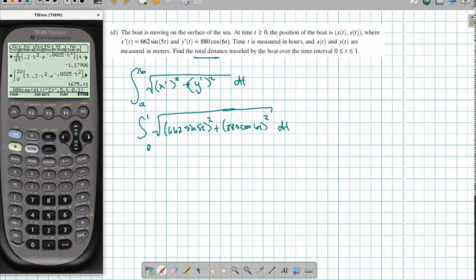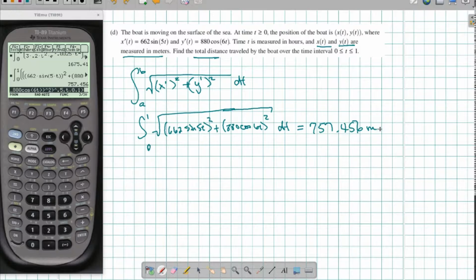And while we're waiting, and so we end up with 757.456. And because they tell us x of t and y of t are measured in meters, that's the units that we're using. Okay, so there is problem number 2.